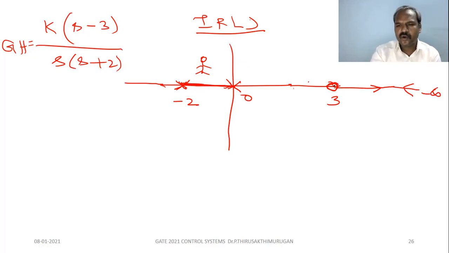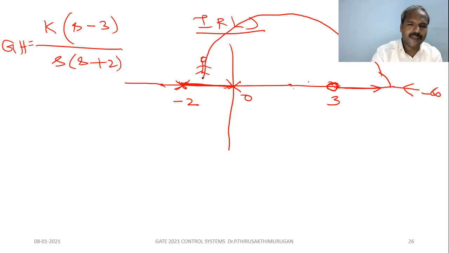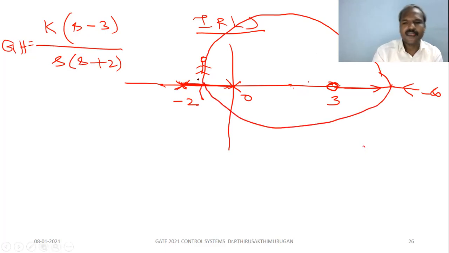Then these two branches meet together, take a breakaway, and come to here, a break-in point. Break-in point. Clear? Similarly, from here, another break-in point. So this is the typical inverse root locus diagram for this transfer function.